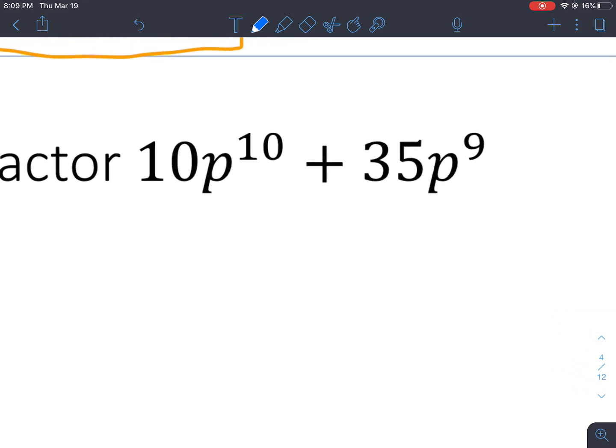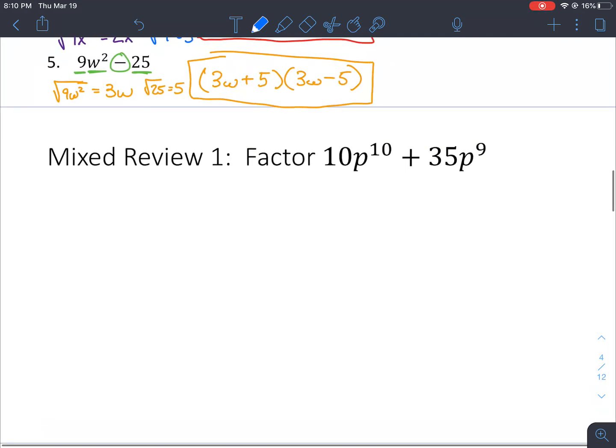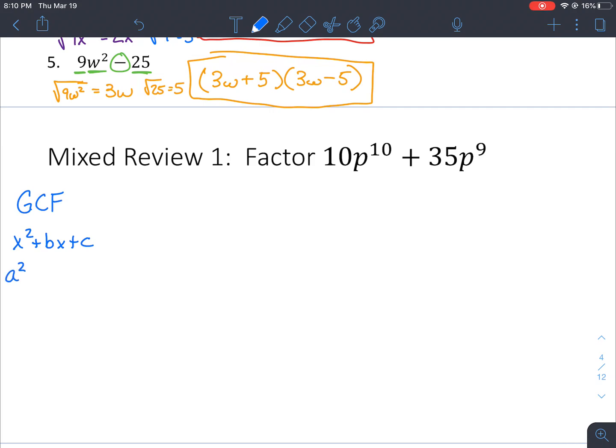So right away, when I see this first one, I see that there's only 2 terms, right? So it's not going to be our, and I'll write a little list here. These are our 4 options. It could be GCF. It could be x squared plus bx plus c. It could be ax squared plus bx plus c.